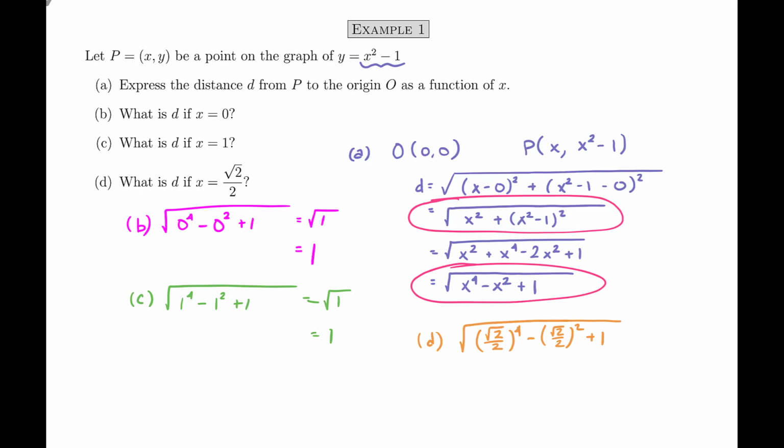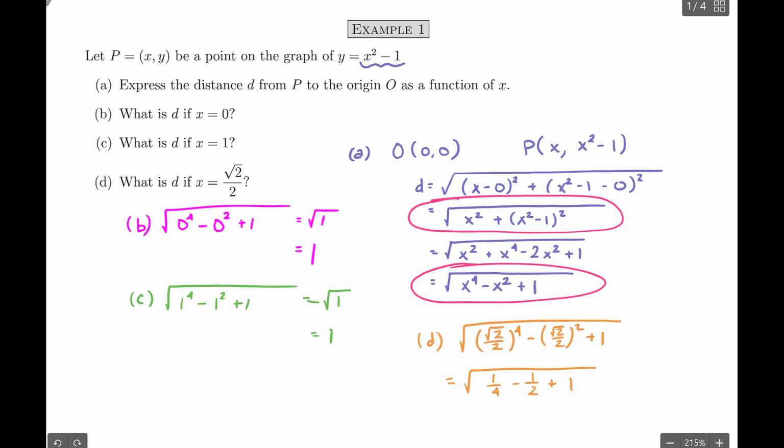Radical 2 over 2 to the fourth power is going to be 4 over 16, which is 1/4. And radical 2 over 2 squared is going to be 1/2. And then we get plus 1.